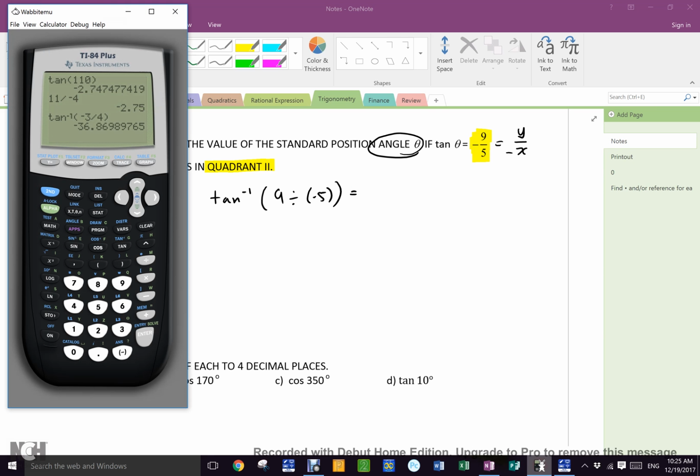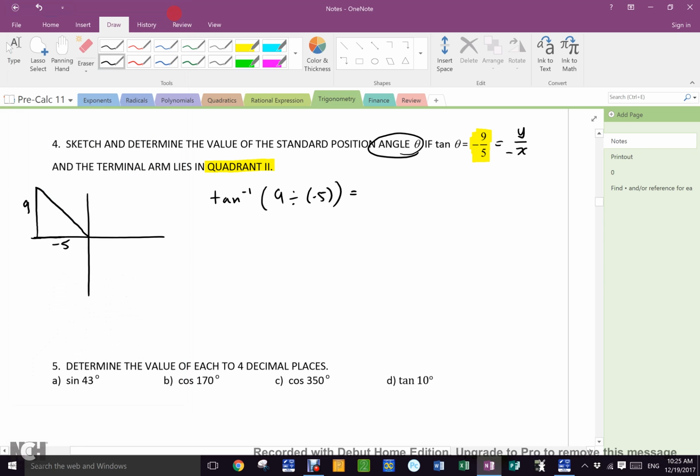And what does that give me on my calculator? I'm going to go to my calculator. Shift tan 9 divided by negative 5. And what do I get? Negative 61 degrees. Yes? Now, I know that in this triangle, I must be finding this corner, right? Because I have opposite and adjacent. And since I know it's negative, I must be going clockwise from the edge, yes?